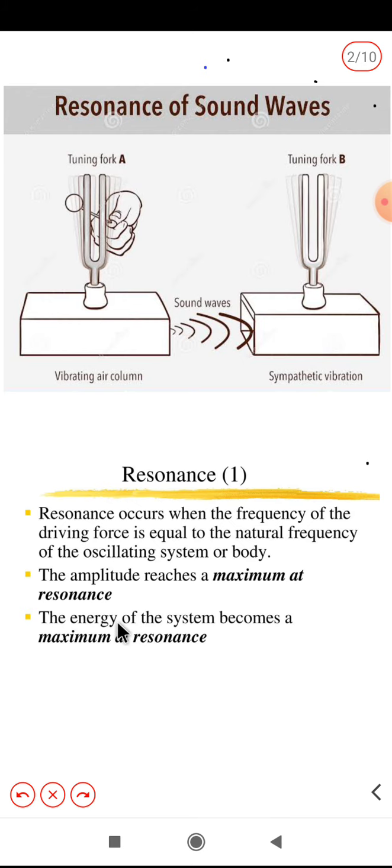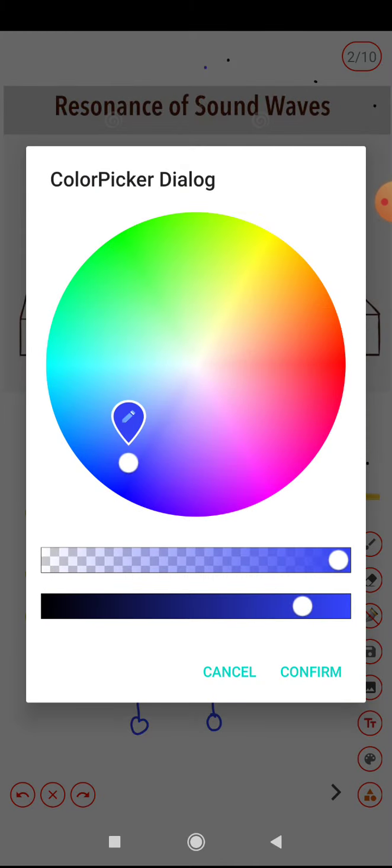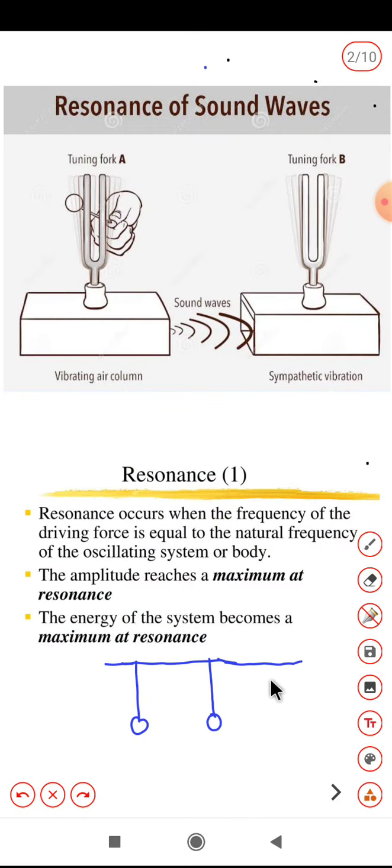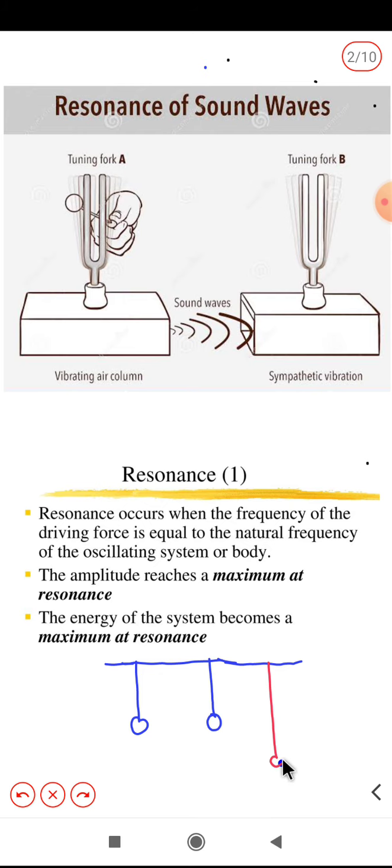For example, I have two pendulums, and they both have the same length, and let me take one more pendulum. They are all connected with a string. Let me draw one more pendulum which is longer than these two pendulums A and B. C is having larger length. So, its natural frequency will be different.